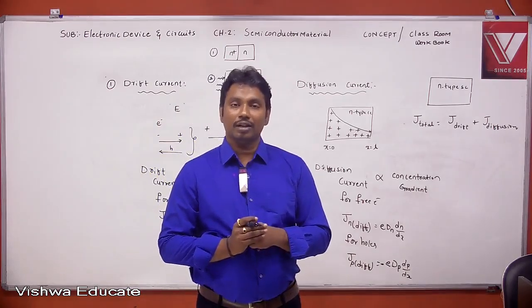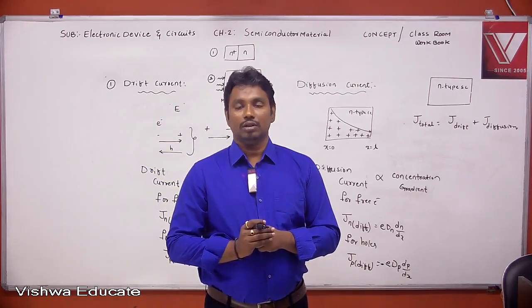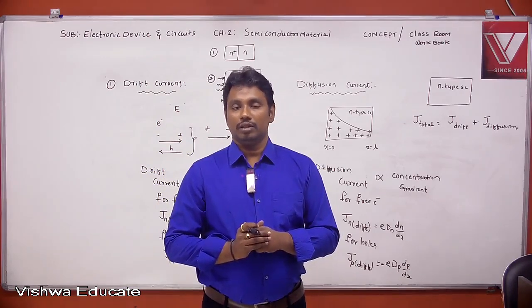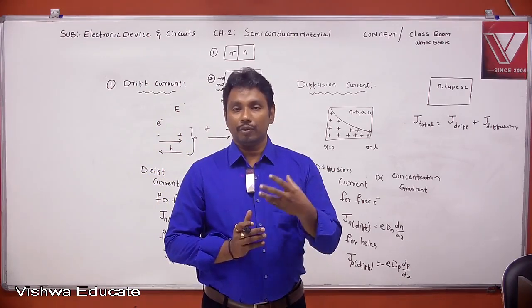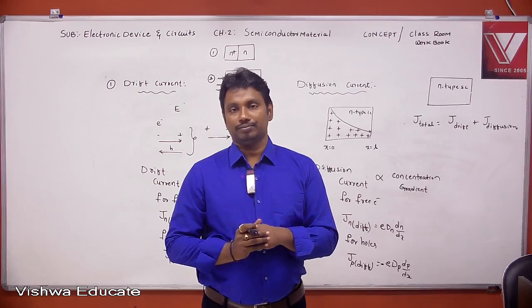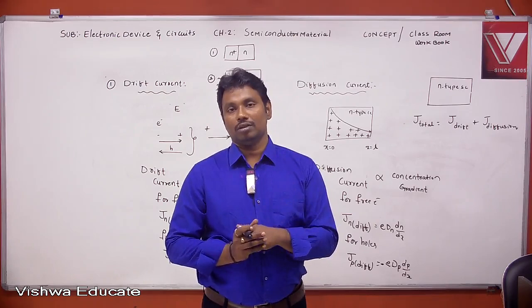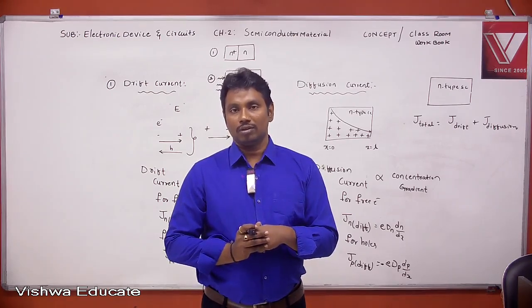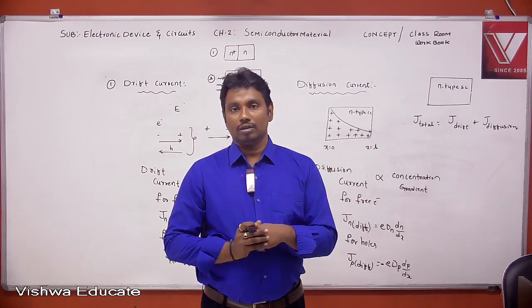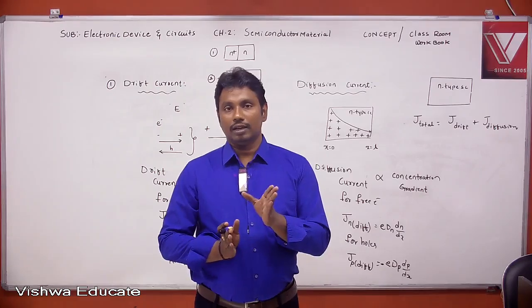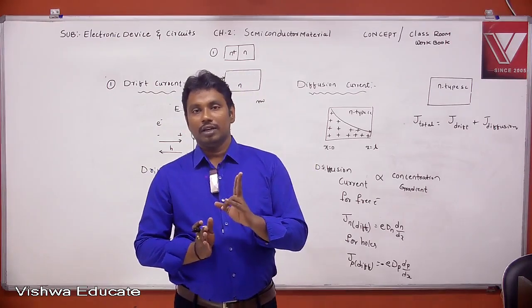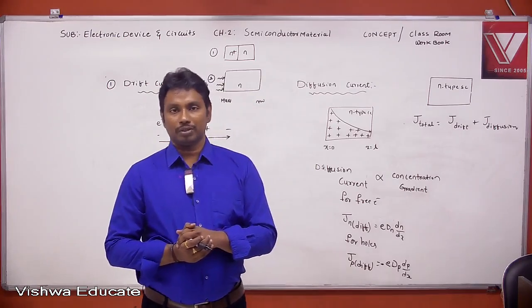In a semiconductor also, diffusion current can flow. Case 1: if the semiconductor is non-uniformly doped.